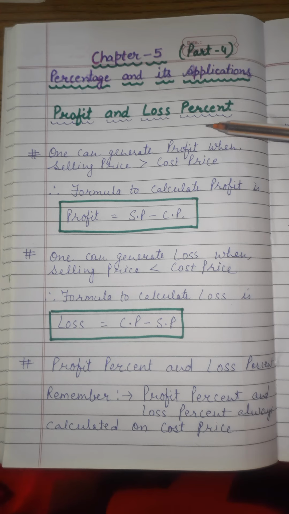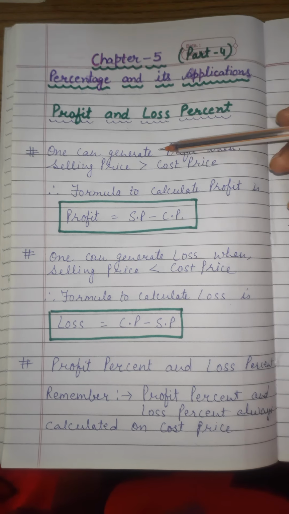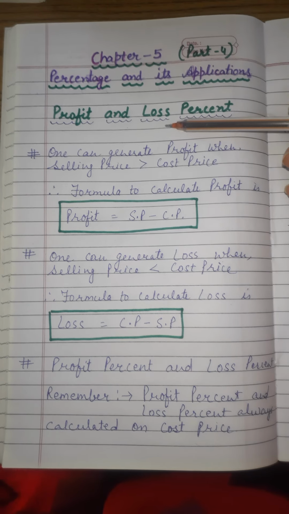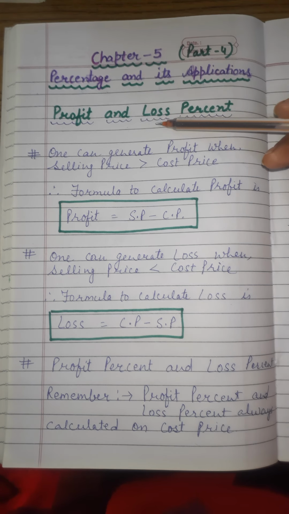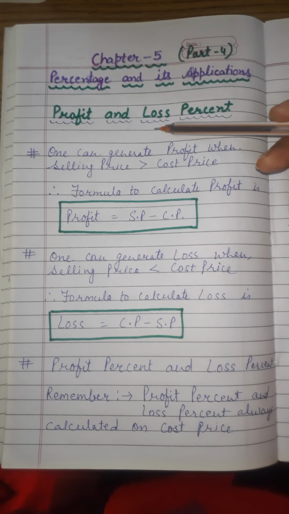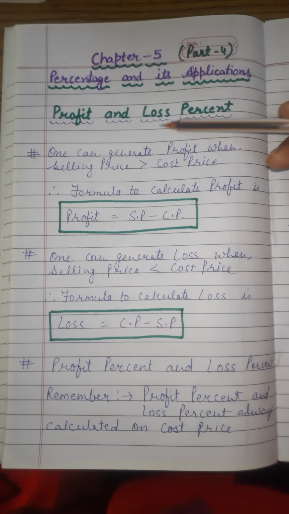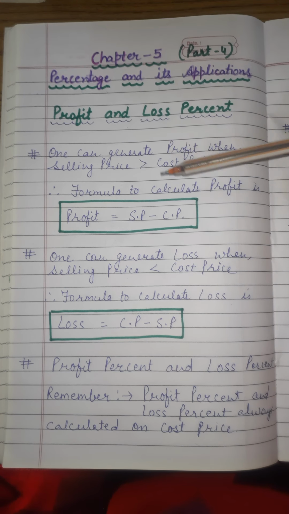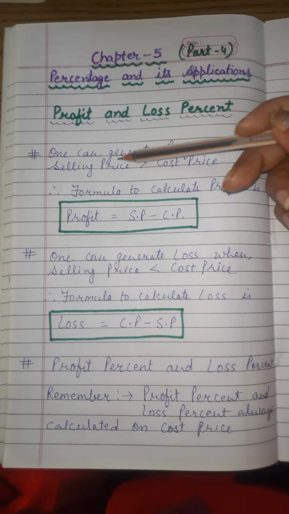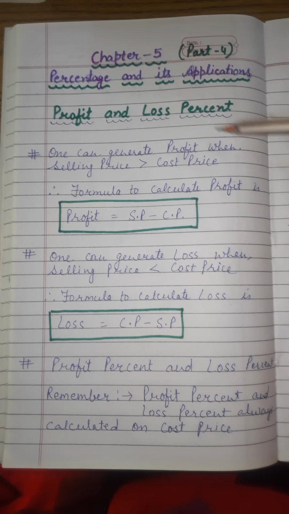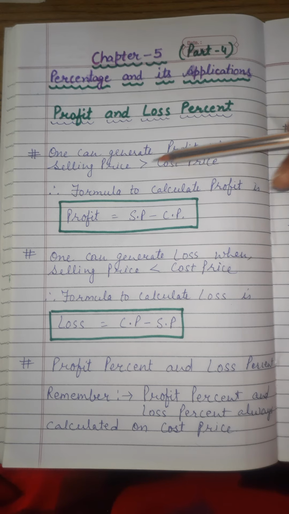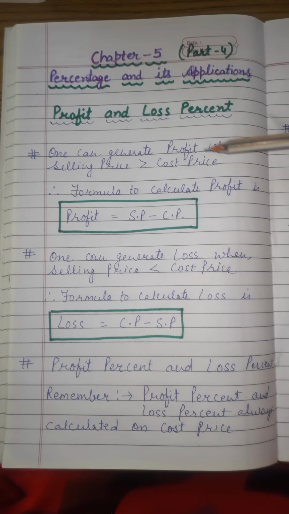As you know that profit and loss are financial terms which depend upon cost price and selling price. Cost price is the price at which an article is purchased and selling price is the price at which an article is sold. So one can generate profit when selling price is greater than cost price.